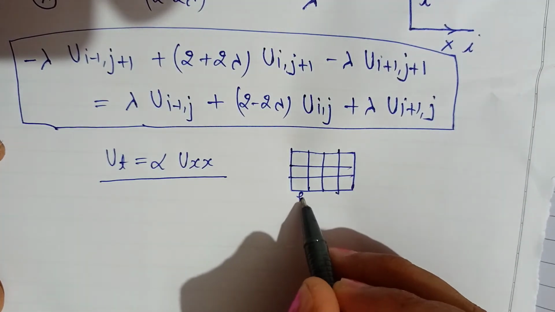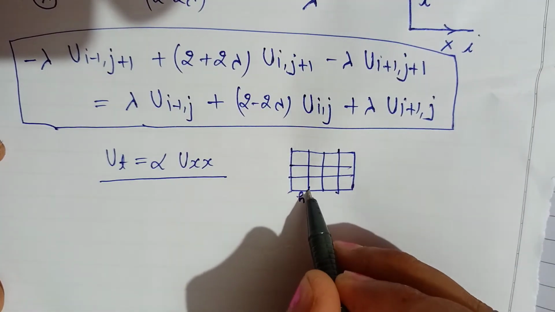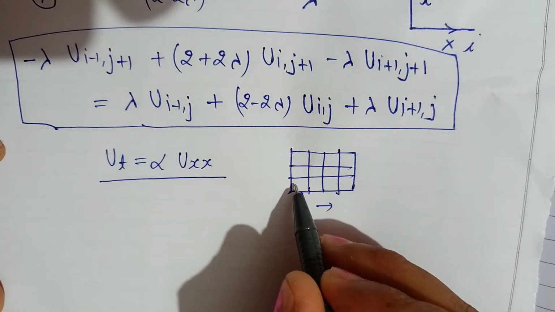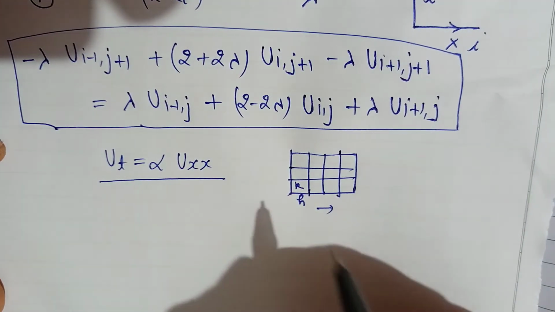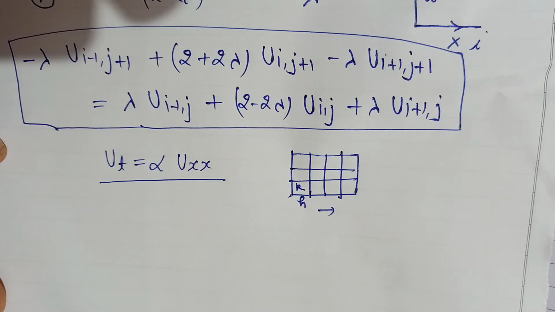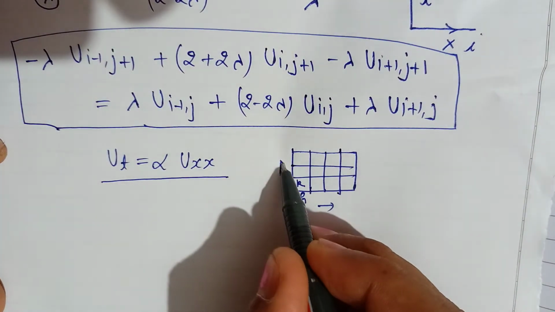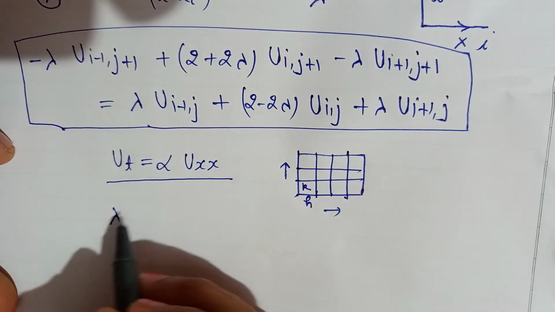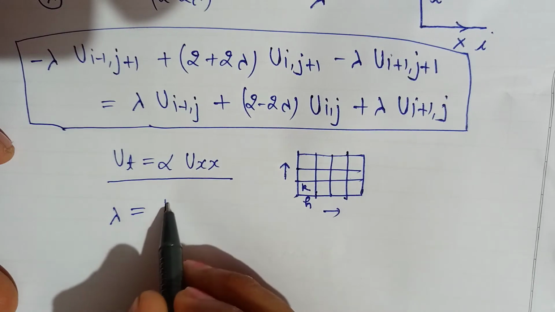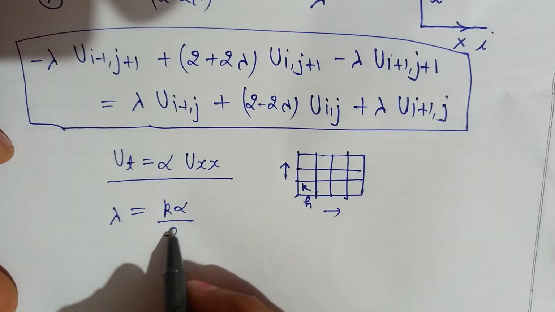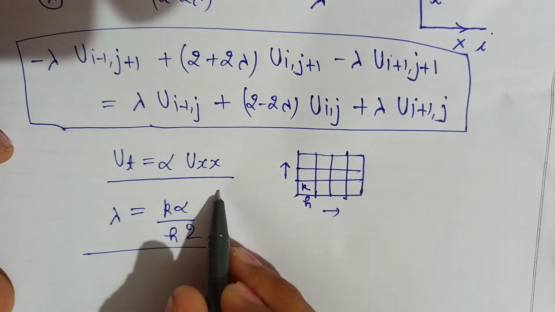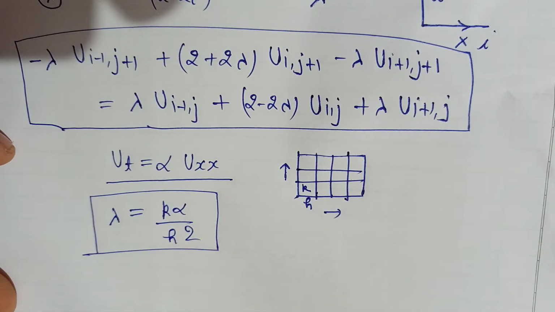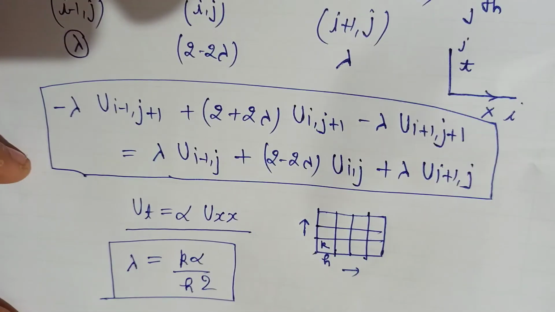If h is the length of the subinterval on the x-axis and k is the length of the interval on the t-axis, then your lambda equals k alpha by h square. Let us see one problem, then we'll understand this formula.